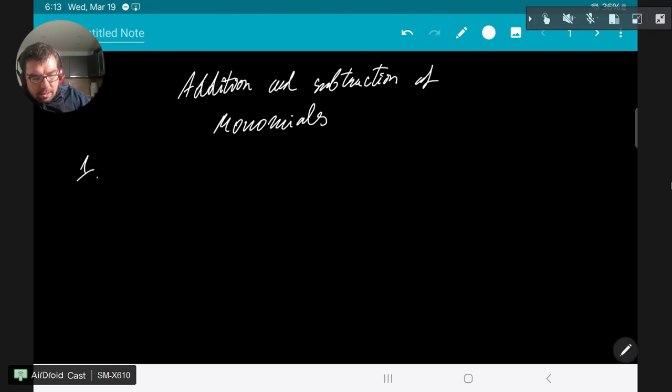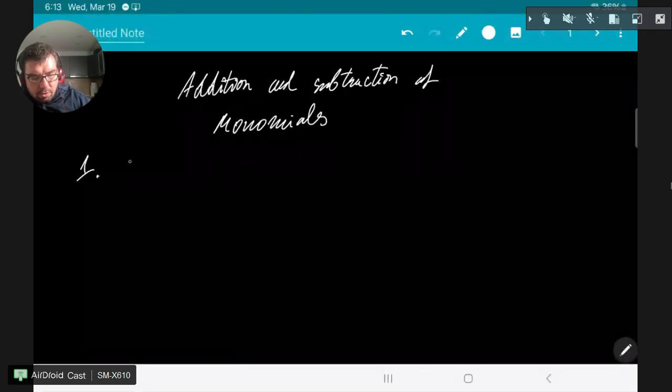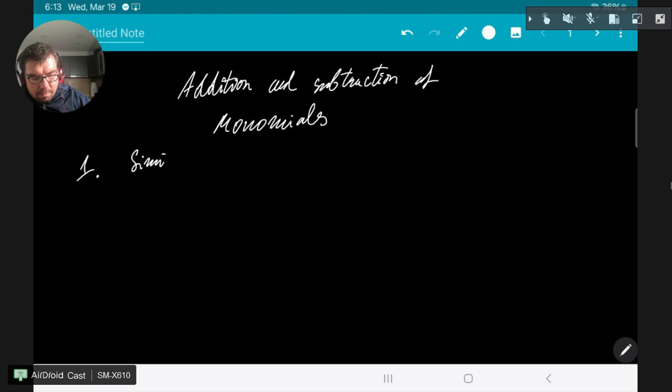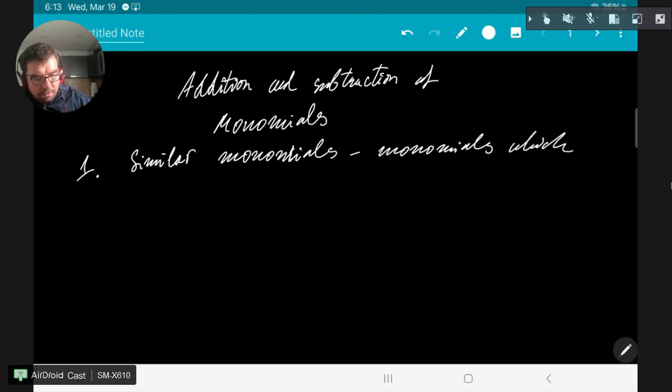The first thing we want to know is what are similar monomials. Similar monomials are monomials which differ only in their coefficients.